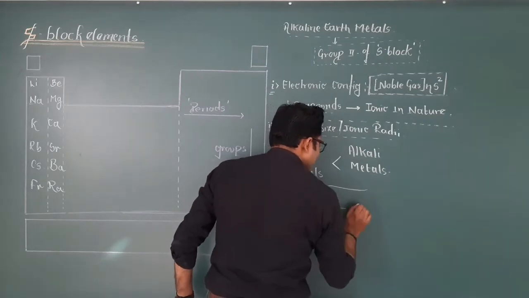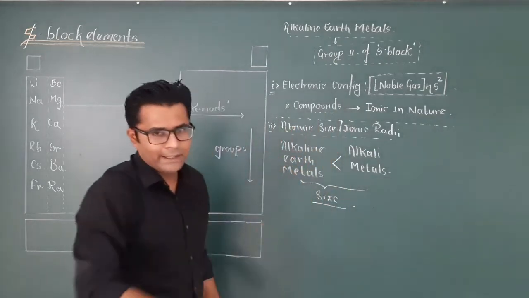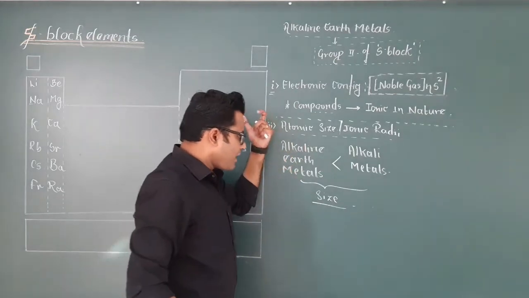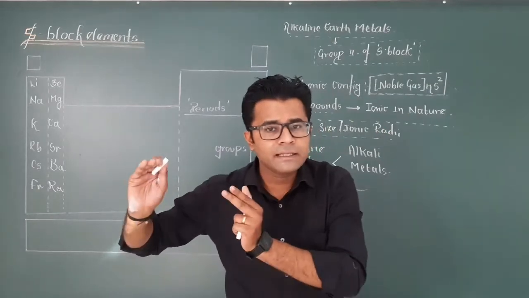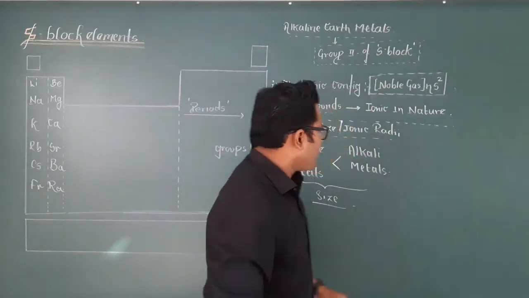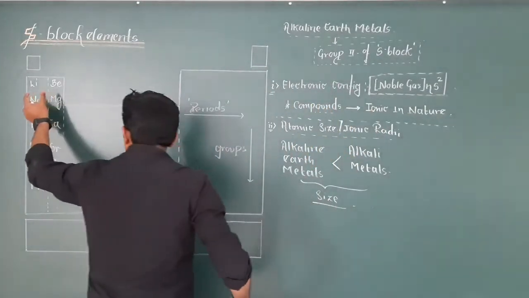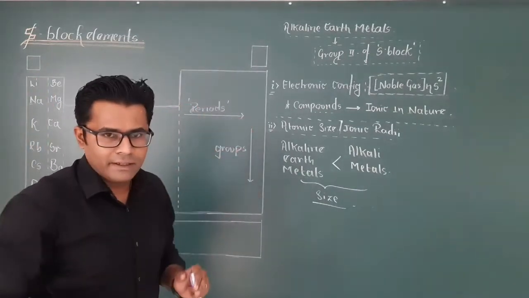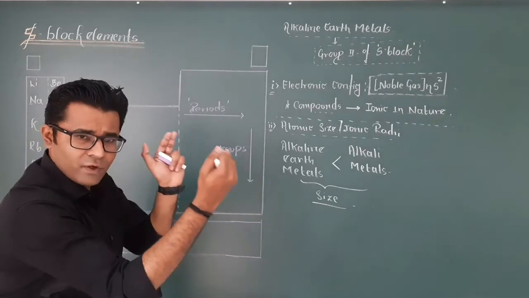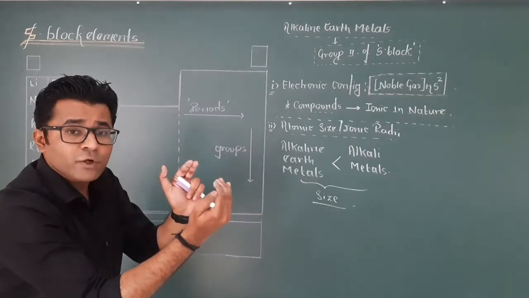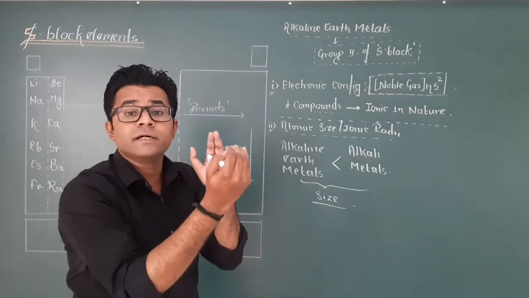Now the question is why are the sizes of alkaline earth metals smaller compared to the corresponding alkali metals? It is because as we shift from alkalis to alkaline earth metals, the size of the atom shrinks because of the increased nuclear charge.